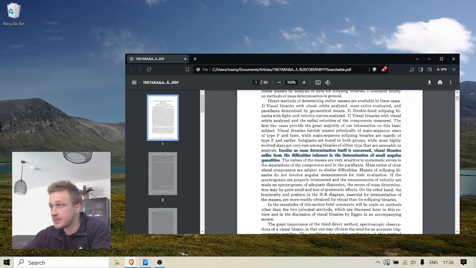Here they mention, insofar as mass determination itself is concerned, visual binaries suffer from the difficulties inherent in determination of small angular quantities.